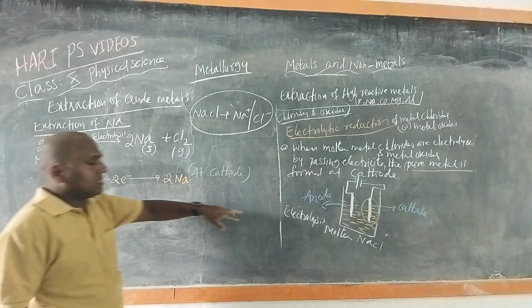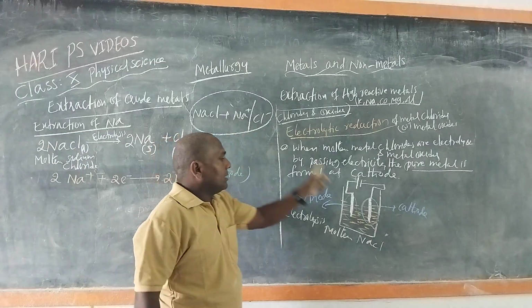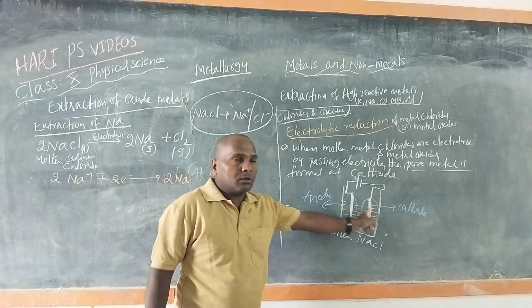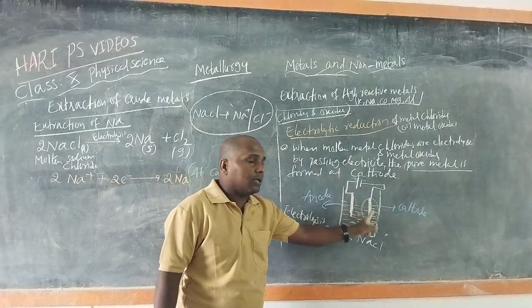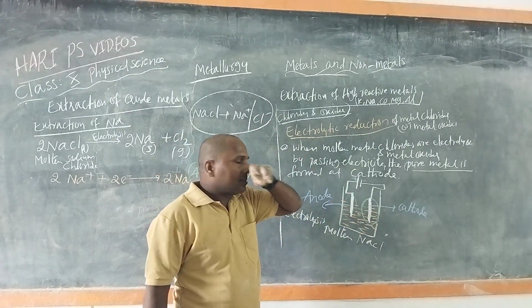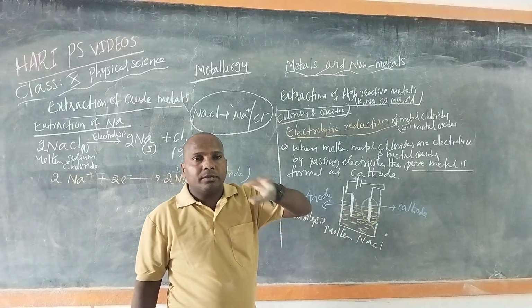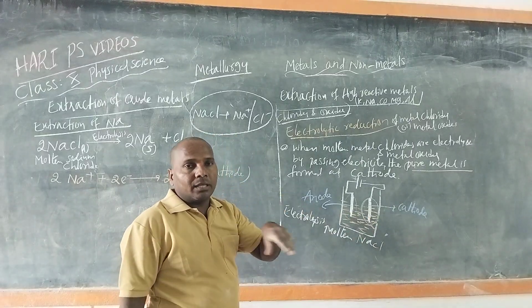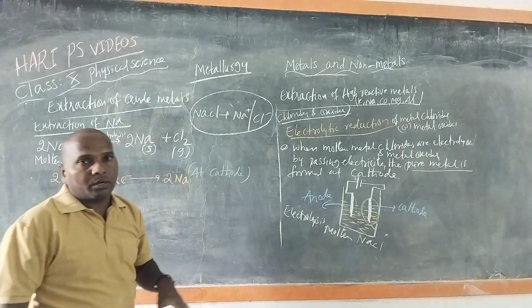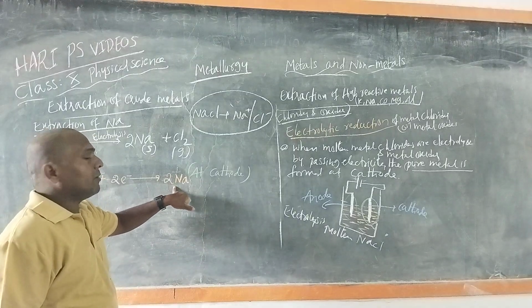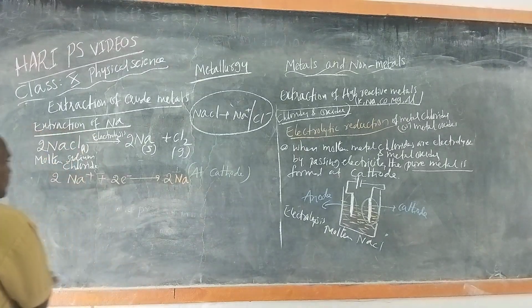Here the Na plus ion is attracted towards the cathode because it is positive and the cathode is negative. At the cathode sodium takes the electrons, gains the electrons, forming neutral metal, and sodium is formed at the cathode.